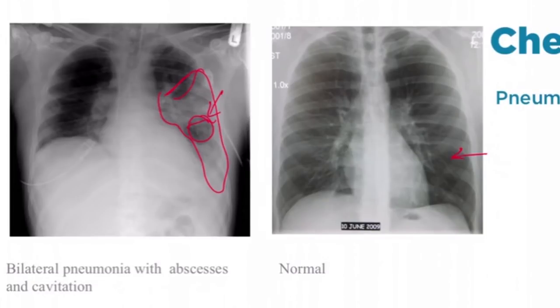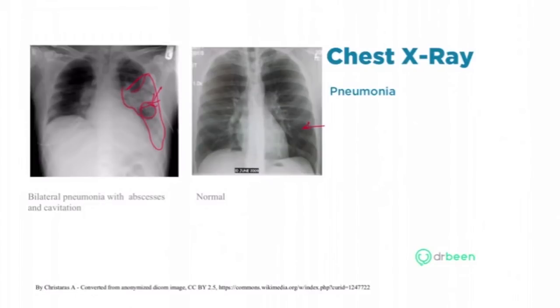So that is the abscess and cavitation being formed. So this person, a 32 year old male, had so much damage done that there is a necrosed area and the cavities are forming. Although this patient has bilateral pneumonia, so you can see areas here as well. Here you see the pleural angle has almost disappeared.